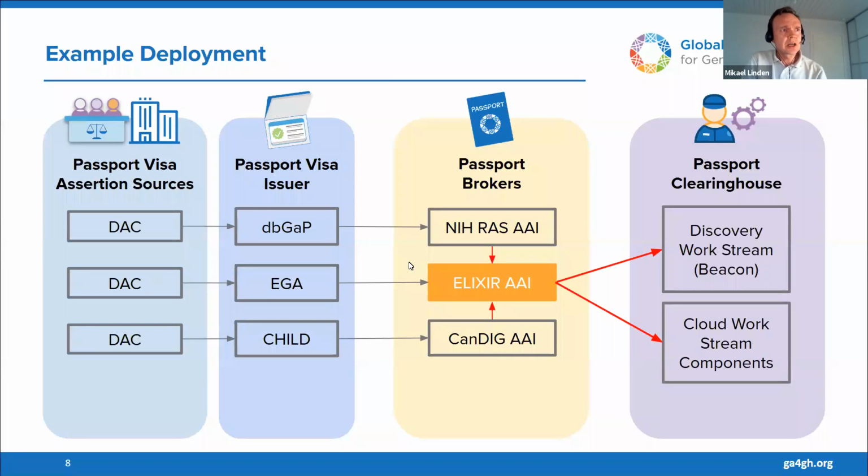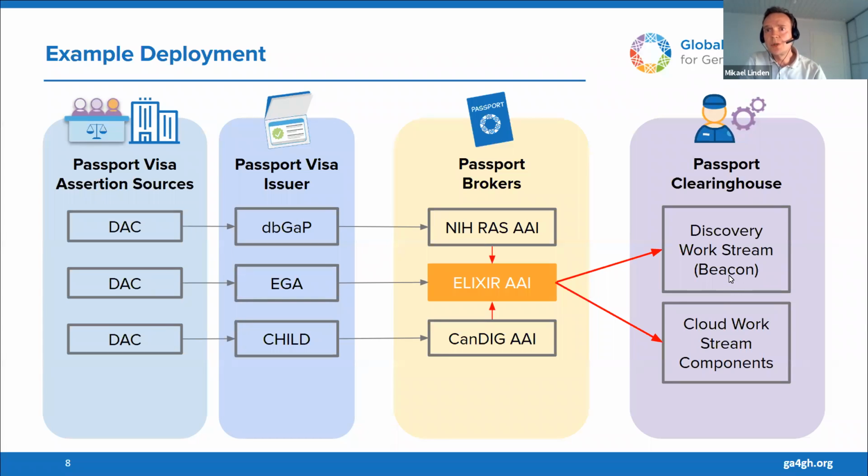The passport clearinghouses consume the passports. Some of the passports can be consumed by the cloud workstream products like DRS service, but also beacons can consume passports and use them to enforce access. It's possible to have controlled access beacons, but a logical application of passports and visas in beacons is to use registered access.